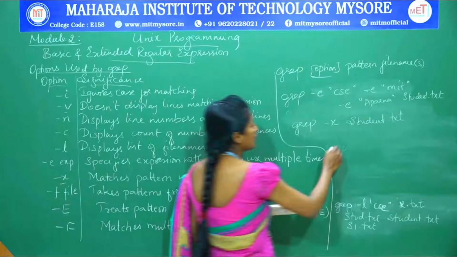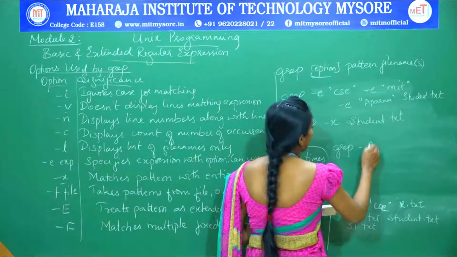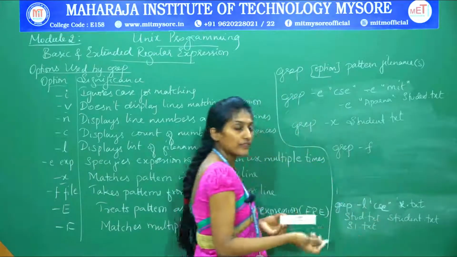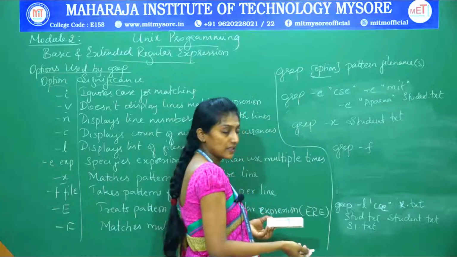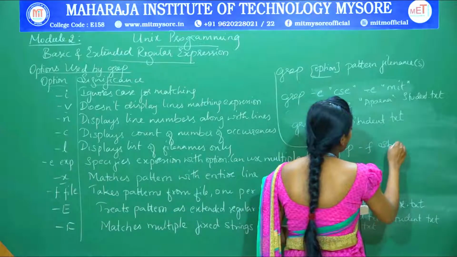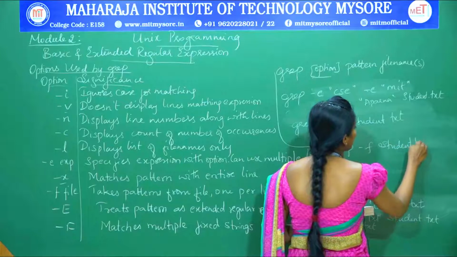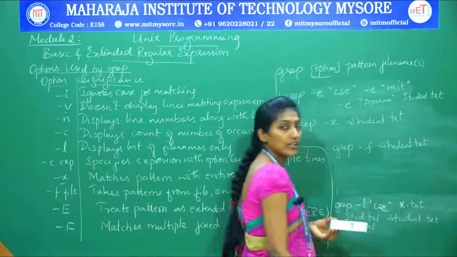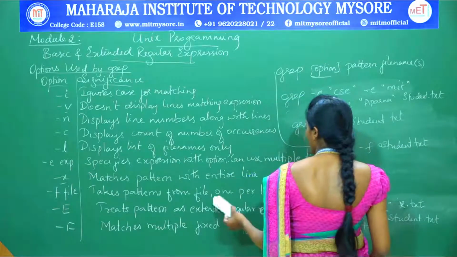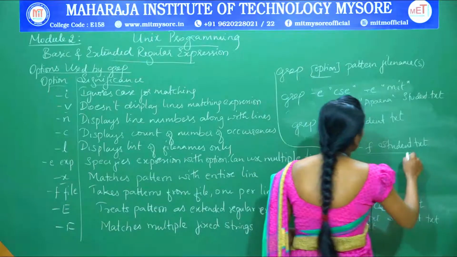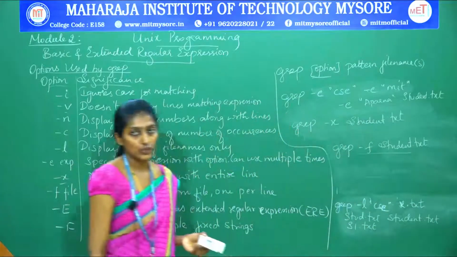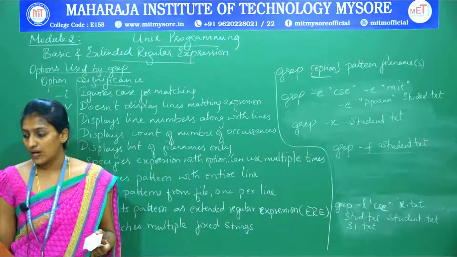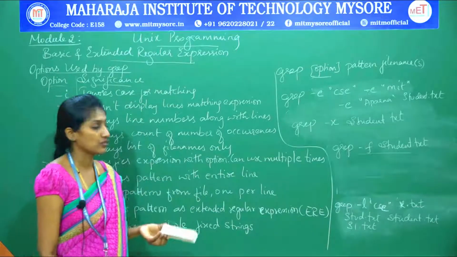So here you can give it as grep -f, and from which file you have to consider the pattern, that file name you have to provide here, student.txt. So one per line it is going to consider the pattern and it is going to be displayed. That is what this -f refers to.